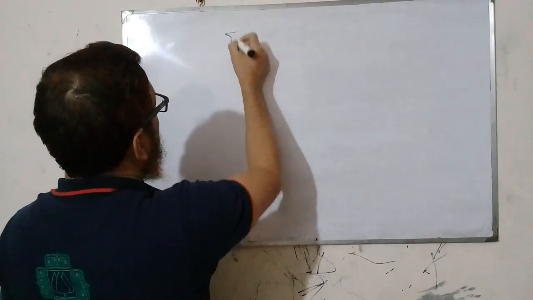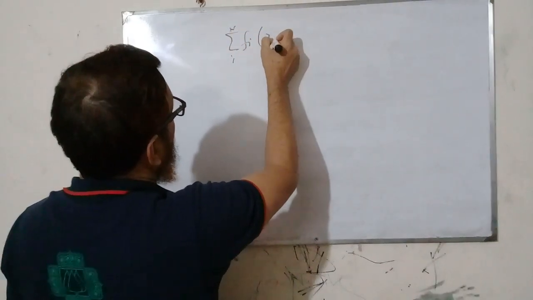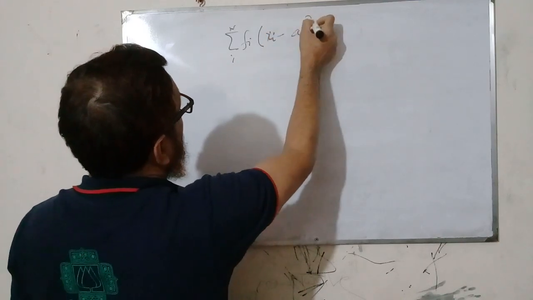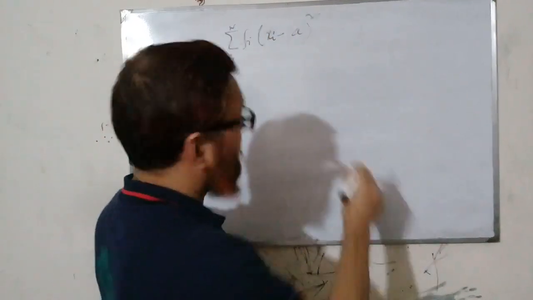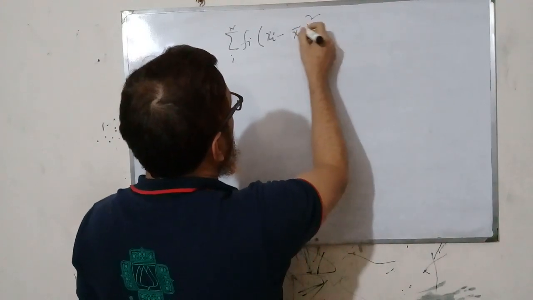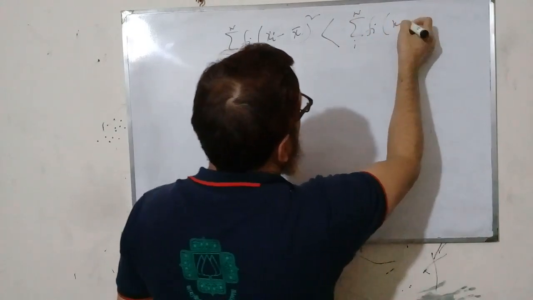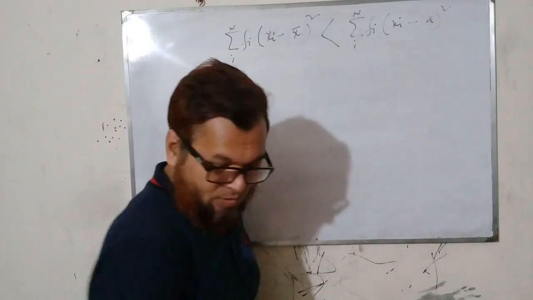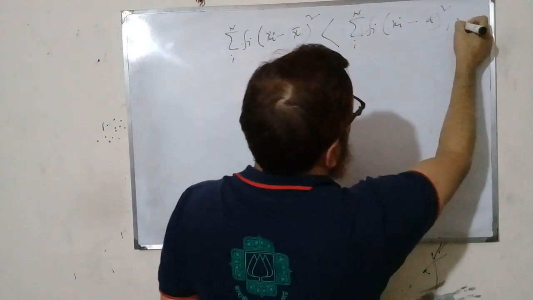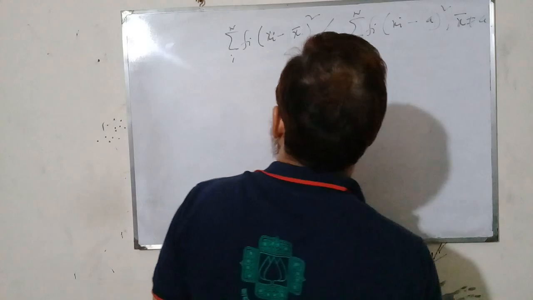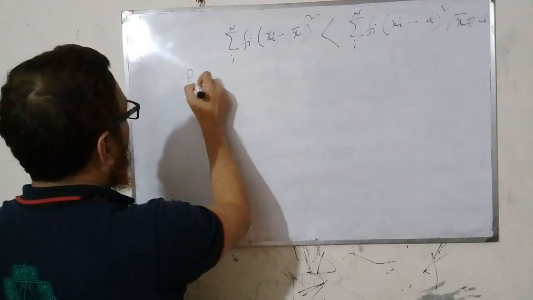Next, the sum of squares of deviation about the mean is the least. That is, summation fi (xi - x bar) whole square is less than summation fi (xi - a) whole square, where x bar is not equal to a.